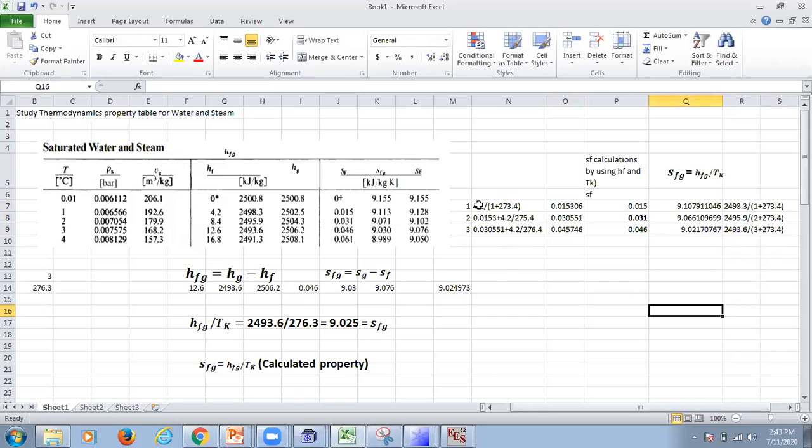So you know how to calculate SF. You know how to calculate SFG.